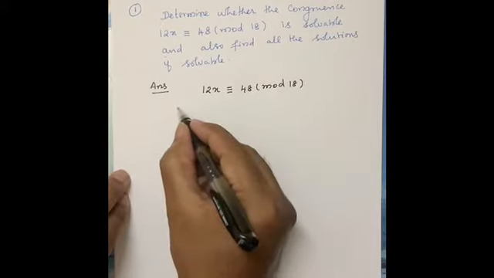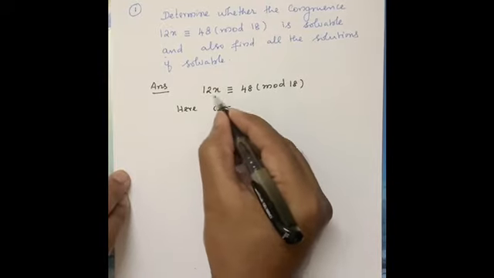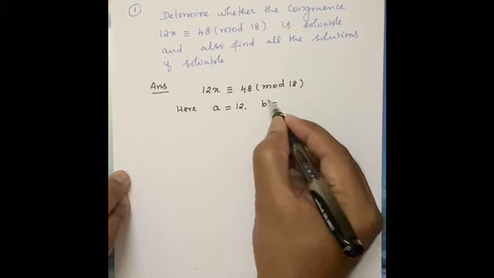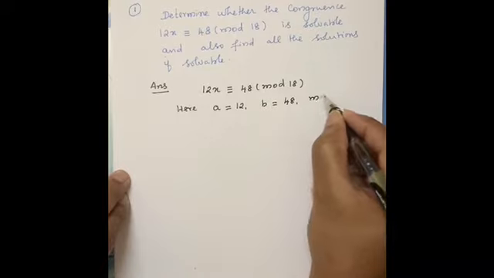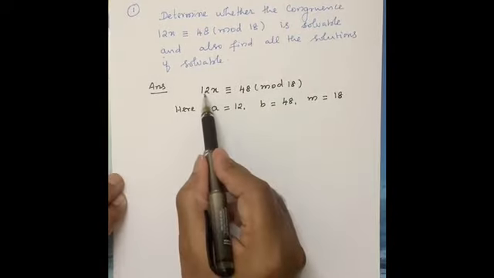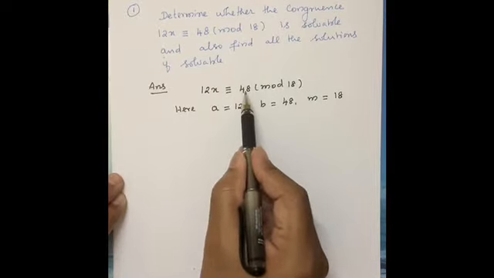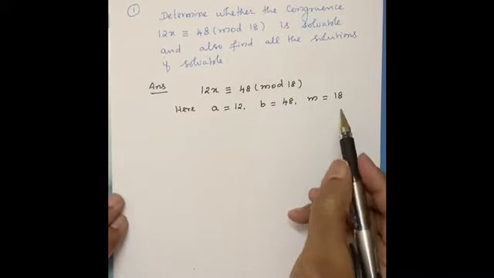What is the A value here? Small a is 12, B is 48, and M equal to 18. This is our X coefficient A, this value is B, and the modulo number 18 is M.